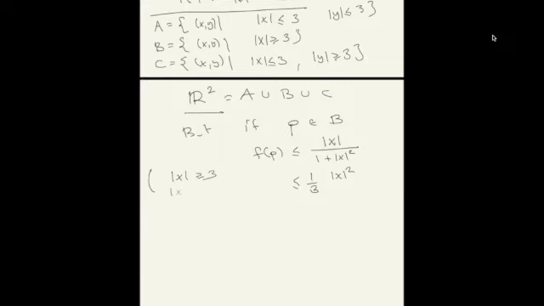We multiply both sides by the absolute value of x, so we get the absolute value of x squared is bigger than or equal to 3 times the absolute value of x, and divide by 3. That gives us a bound for the numerator. The denominator we just bound by x squared. So we get 1/3. So in B, all the function values are less than 1/3.